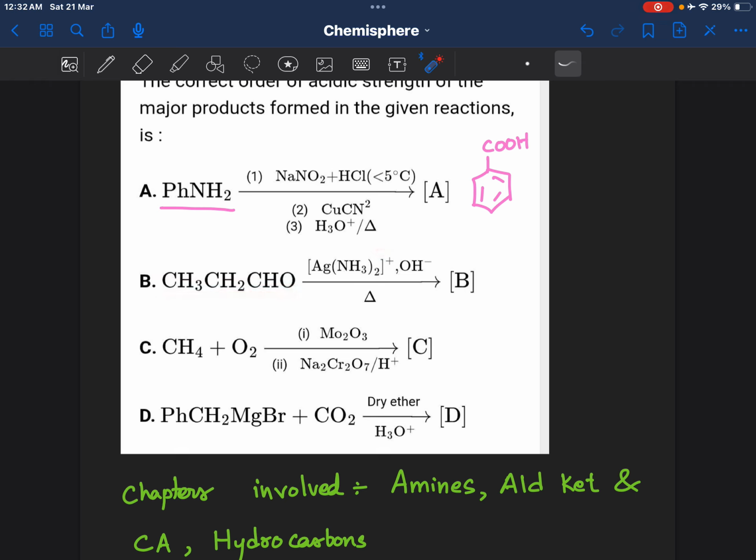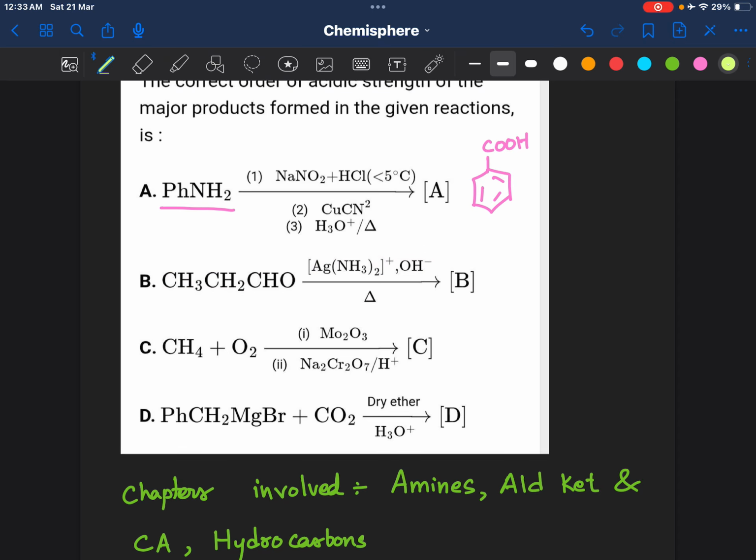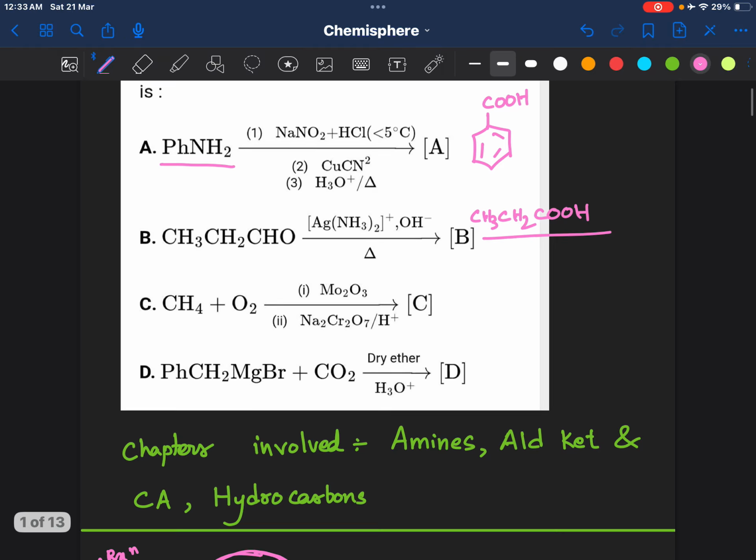Aldehydes can be converted into carboxylic acid by weak oxidizing agents also. So this Tollens reagent will convert the aldehyde into a carboxylic acid having the same number of carbon atoms. There are 1, 2, 3, so we will get a carboxylic acid containing 3 carbon atoms, CH3CH2COOH, propanoic acid.